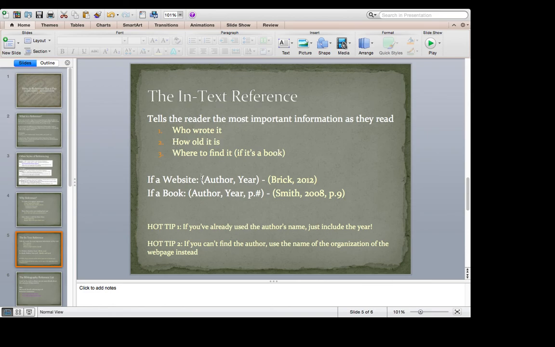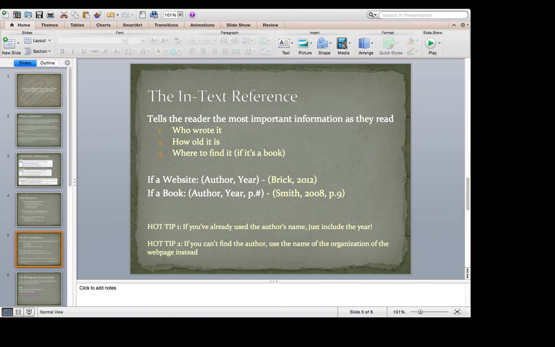If it's a website, well, it's just usually one page, so you don't need to include that. So you just go the author, year. Always just their last name. Never their first and last, just their last. Make sure you capitalize their name, because it's their name after all. So Brick, 2012. If it's a book, you go author, year, and then you can tell them where to find it, what page it's on. The P stands for page 9.